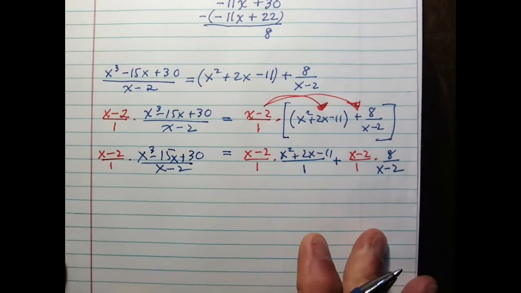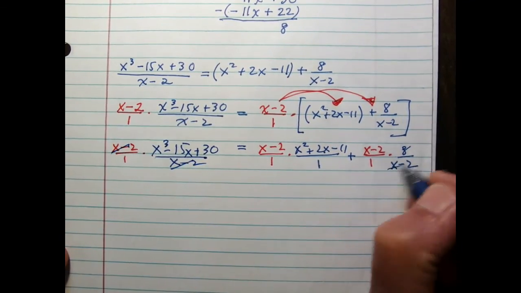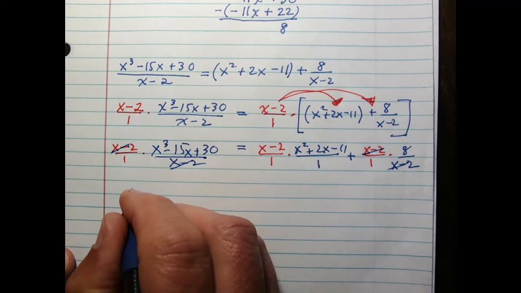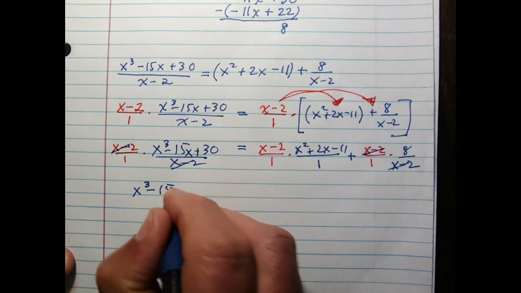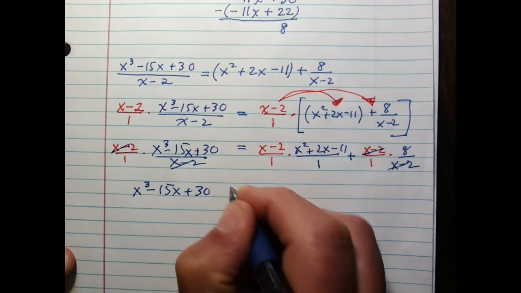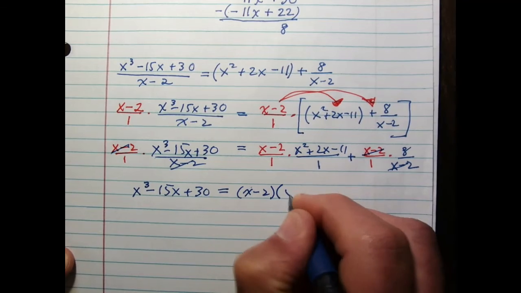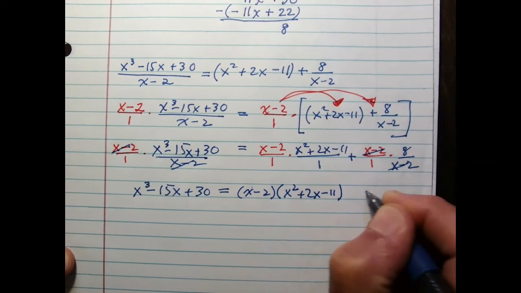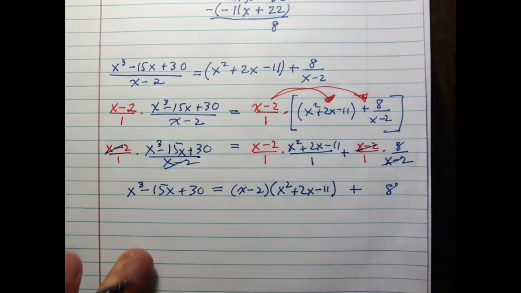Okay, so our division looks like this. Now, there's a lot of canceling we can do here and here, and I now end up being able to say that the original dividend, x cubed minus 15x plus 30, is equal to the divisor times the quotient, you can write those in either order, plus the remainder on the end.